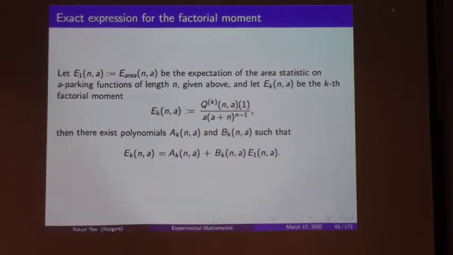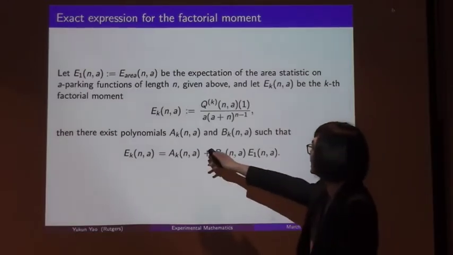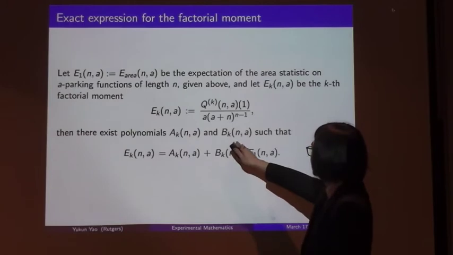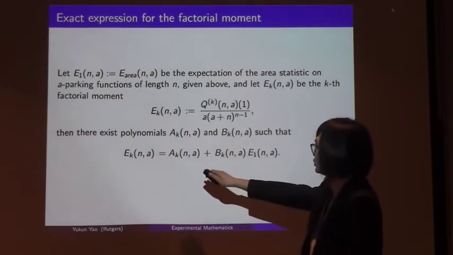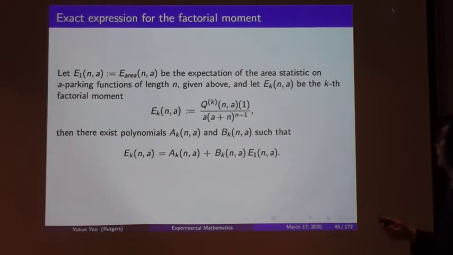And then we want to consider an exact expression for the factorial moment. We want to express the factorial moment in terms of a polynomial a_k of n, a and another polynomial b_k of n, a. And then it should be a_k of n, a plus b_k of n, a times the expectation.